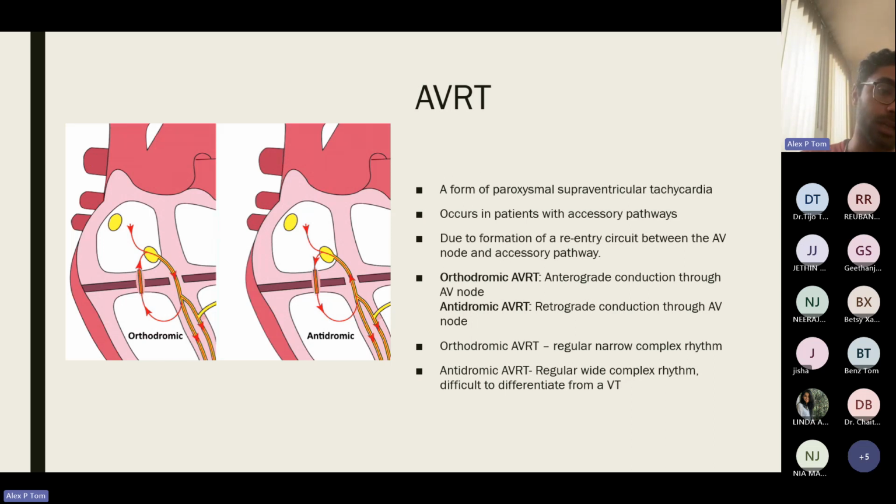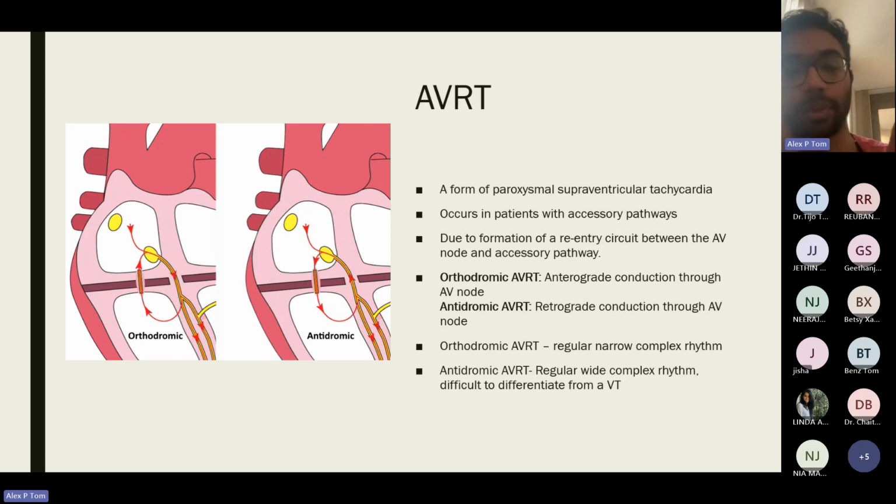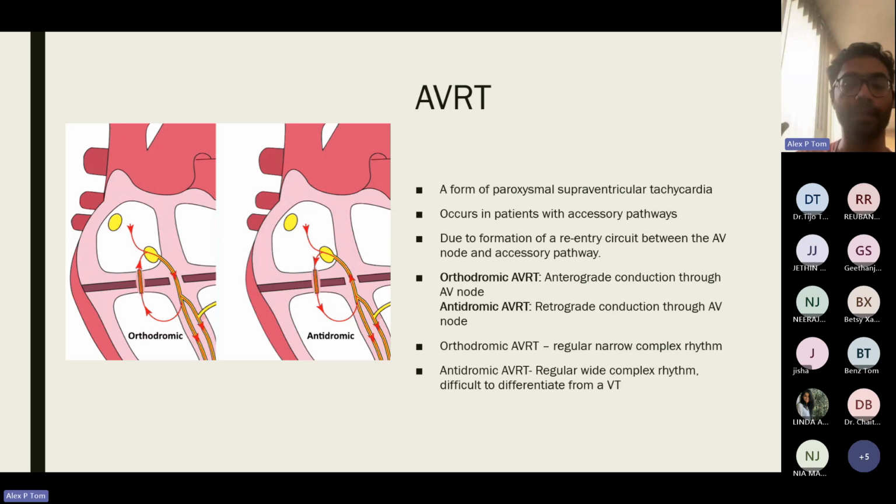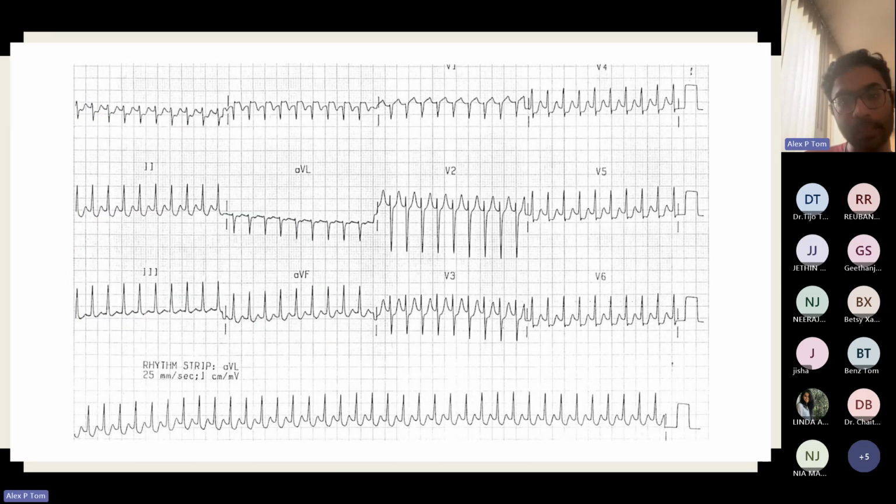Once it enters the ventricle, the impulse will spread very slowly throughout the ventricles because it's not the specialized conduction tissue that is conducting it. It is traveling through myocytes, so it will be slow, and the QRS complex will be wide. So you will see broad complex tachycardias in antidromic, and normal, small QRS complex tachycardias in orthodromic.